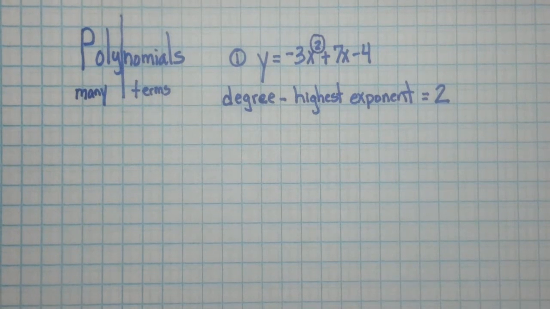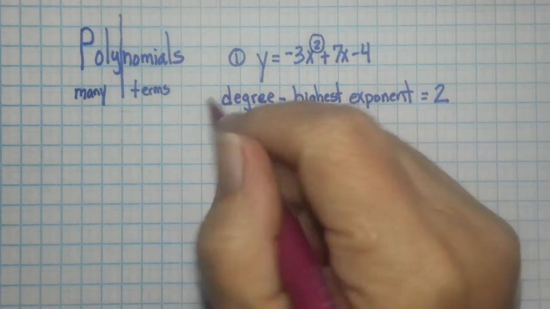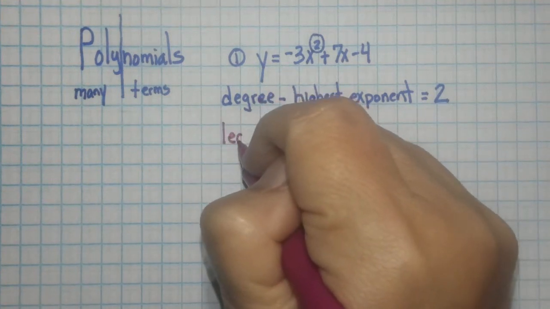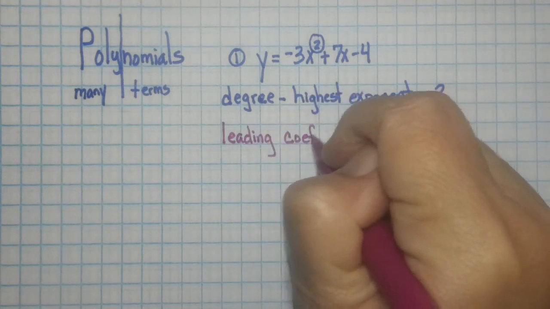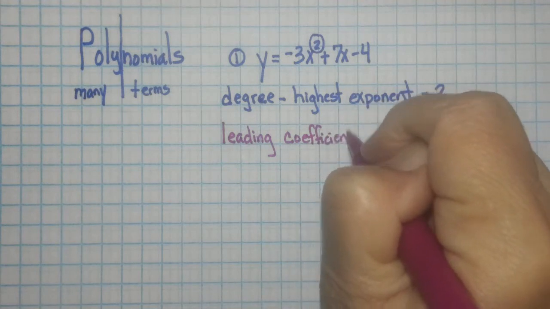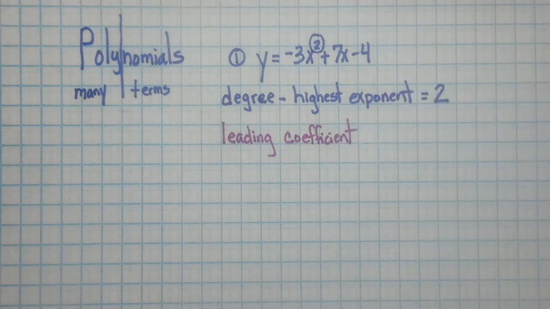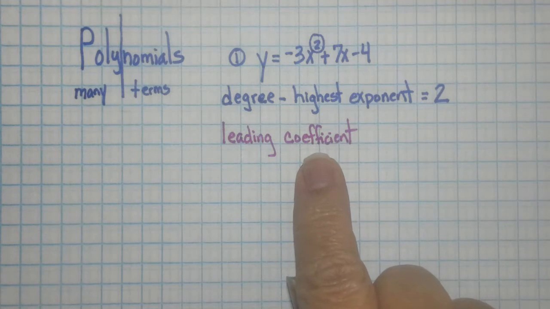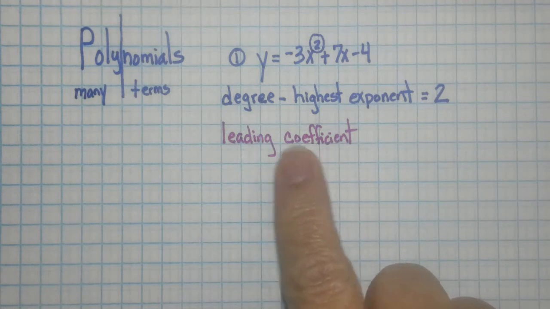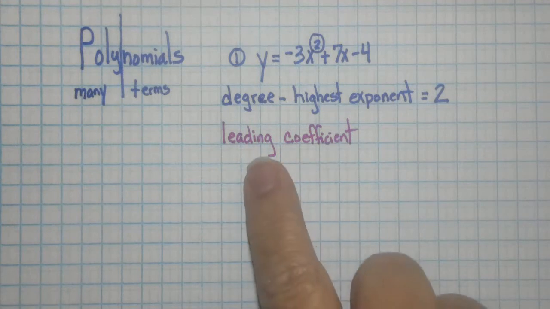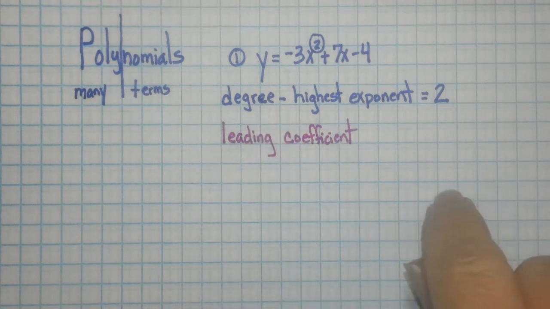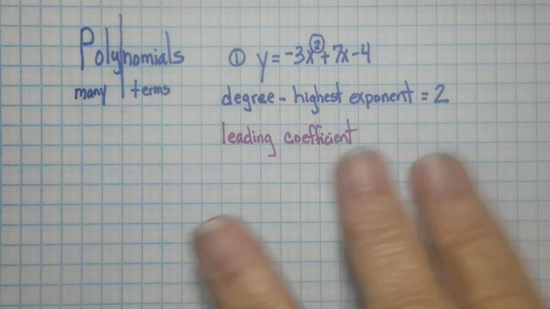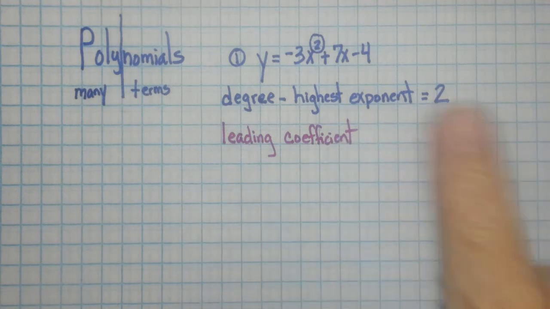Alright, the other term that we're going to be talking about is the leading coefficient. A coefficient is a number that's multiplied by a variable. And when we say leading coefficient, we mean the one that's attached to the highest exponent, which, if we write our polynomial in descending order, will be the first one. But if the polynomial is not written in descending order, the leading doesn't always mean the first one.